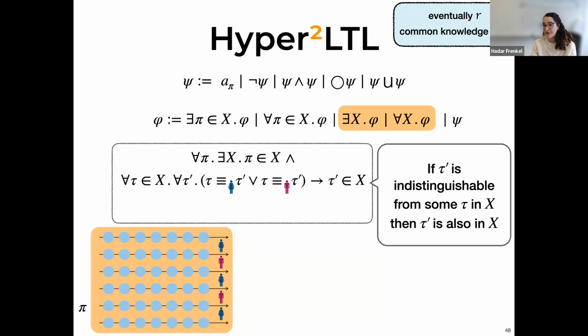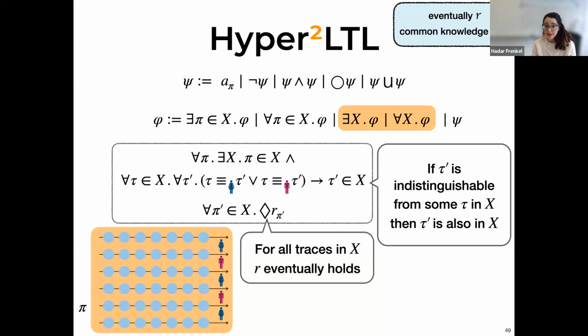And after I have defined this set, then I can ask questions. For example, for all traces in this set, eventually something holds. This diamond is syntactic sugar for eventually, and I can express it with the temporal operators.